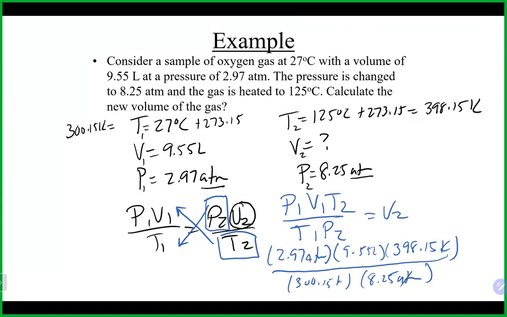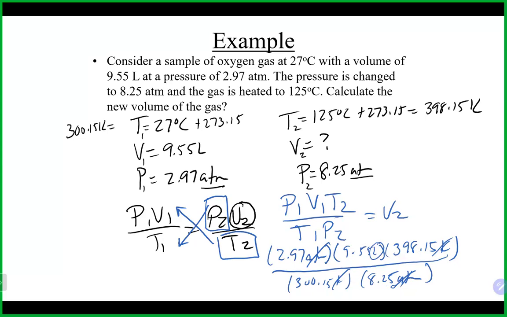All right, so I think we should be good there. We got our P1 of 2.97, our V1 of 9.55, our T2 398.15, our T1 on the bottom 300.15, and 8.25. So now we should be good. Again here, atmospheres and atmospheres will cancel, Kelvin and Kelvin will cancel. Our units are going to be liters when we're all said and done.